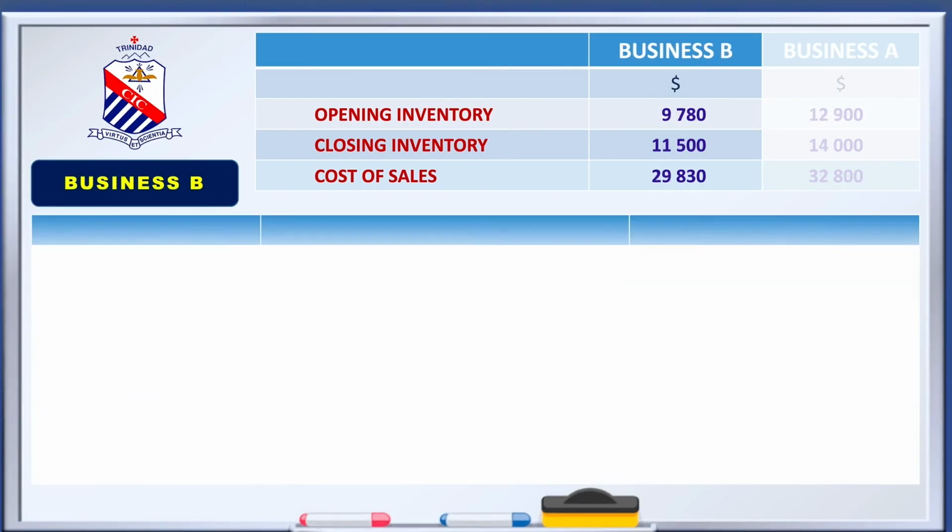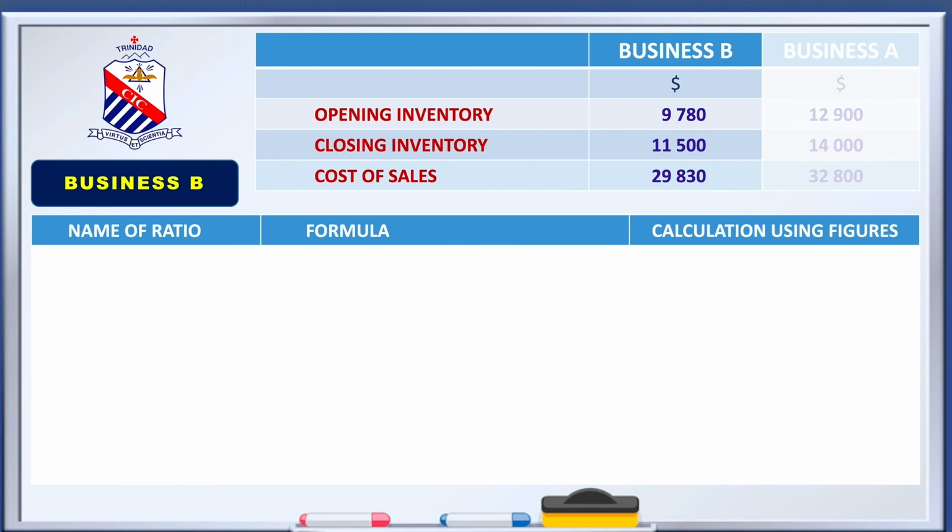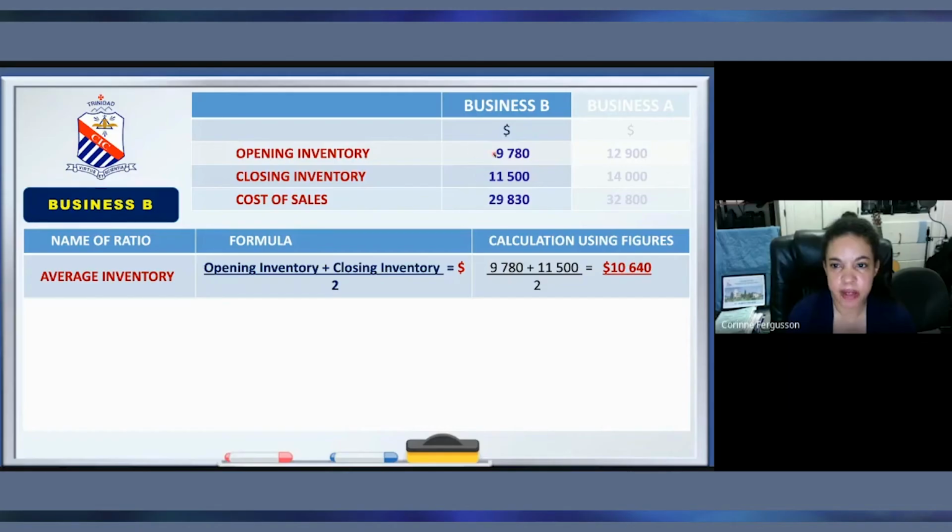Then for business B, the average inventory in this case, your opening inventory of 9,780 plus 11,500 closing inventory divided by 2, and that gave us an average inventory of 10,640.